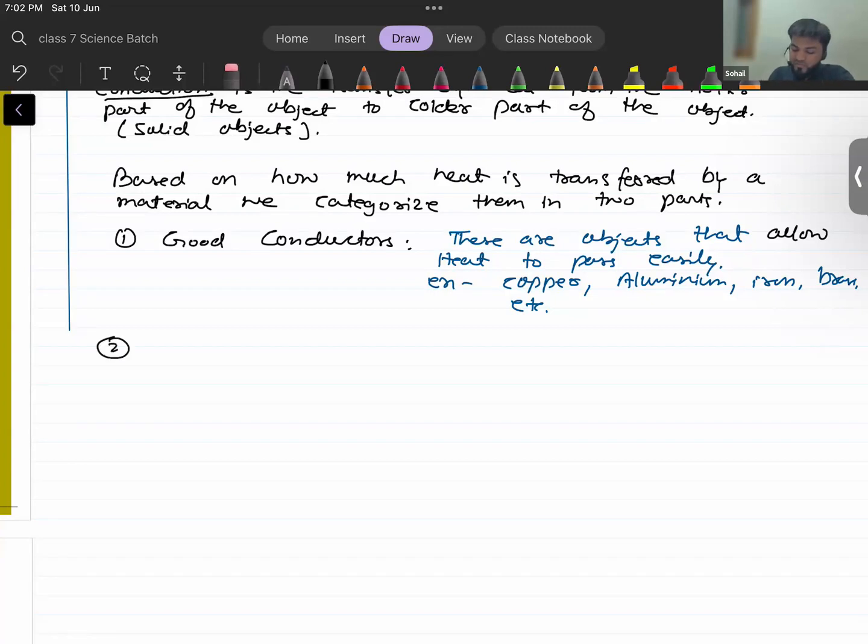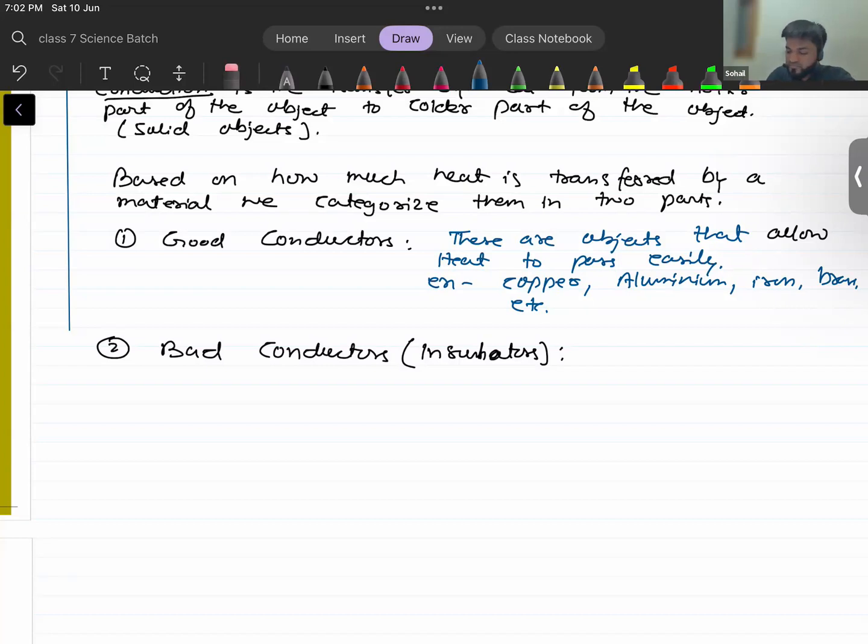So they are called bad conductors, or they're also called insulators. So what are insulators? These are those materials that do not allow heat to properly pass through them.